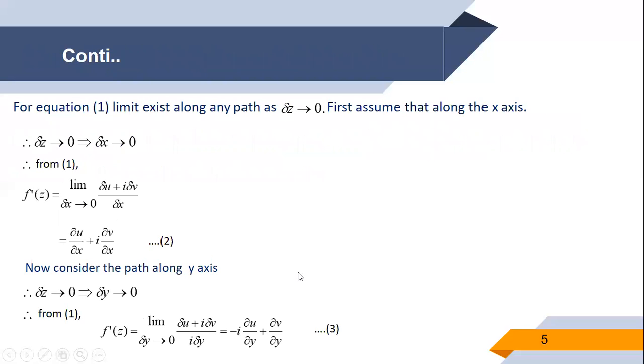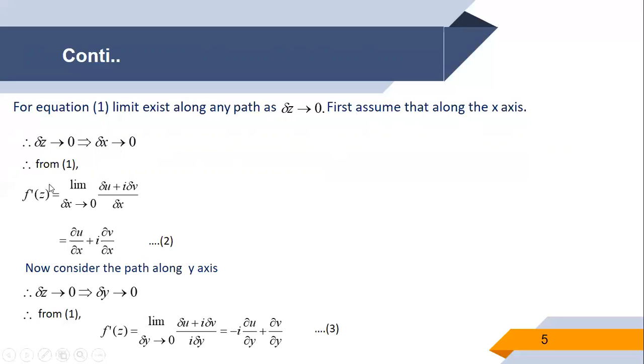For equation 1, the limit exists along any path as delta z tends to 0, because the limit exists is given. First we assume the limit exists along the x-axis. So delta z tends to 0 implies delta x tends to 0.